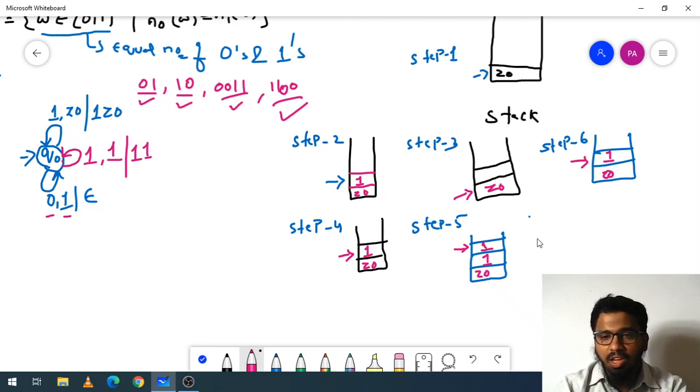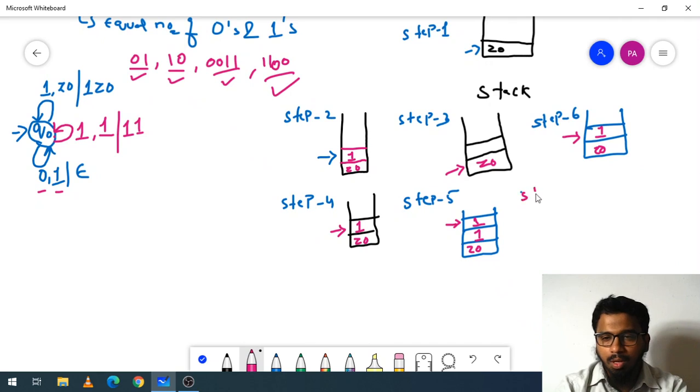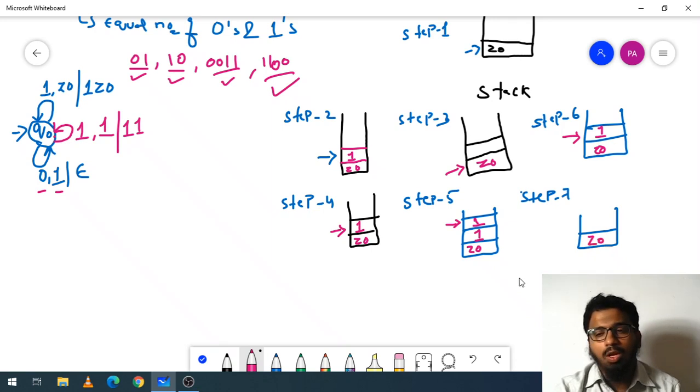So what is remaining in step 7? In step 7 we have only z0, and this is the top of the stack here.